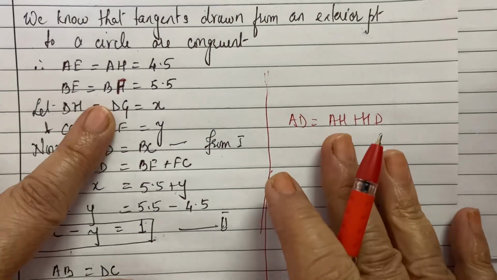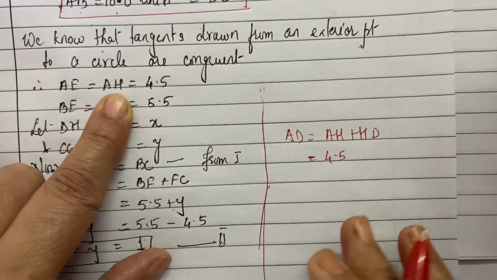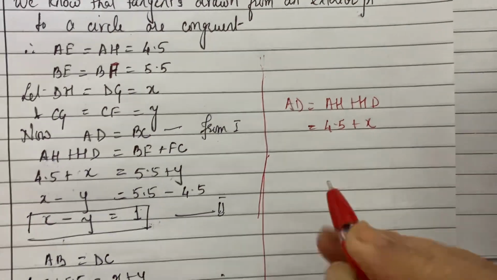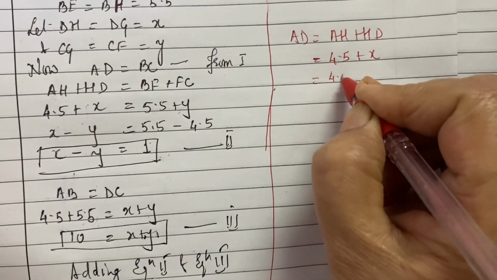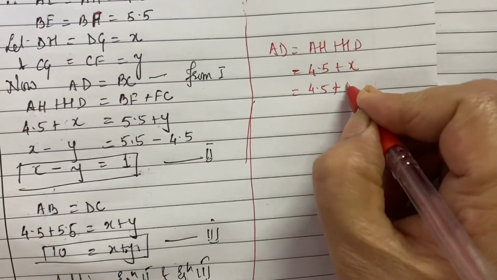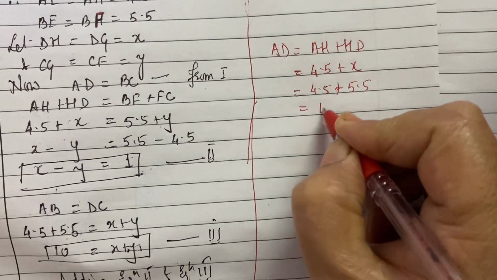Okay. AH, see, already we have written AH is 4.5. X you have found out, in place of HD I'll write X, and X we have already found it out as 5.5. Okay, so that makes length AD as how much? 10 units.